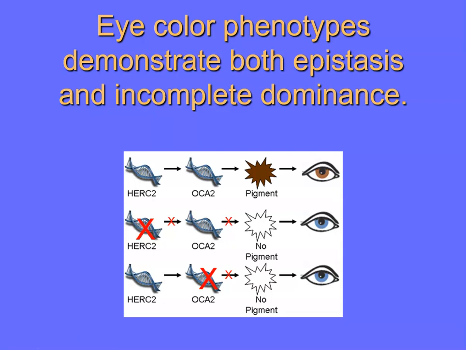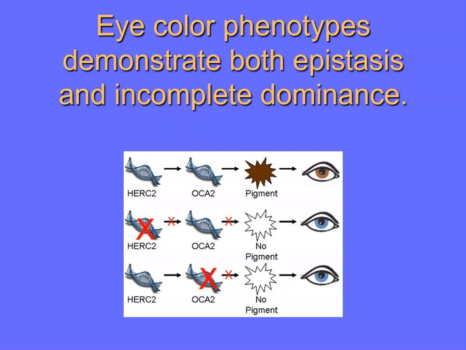HERC2 and OCA2 are both involved in the production and expression of pigments that result in the pigmentation of the eye. Varying degrees of melanin is actually what results in the pigmentation of the iris.